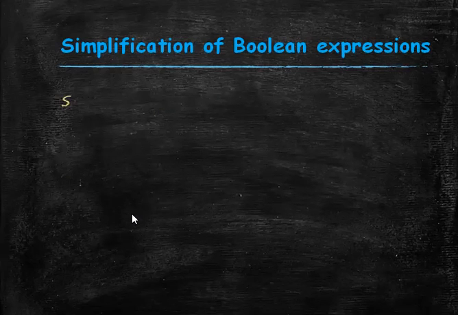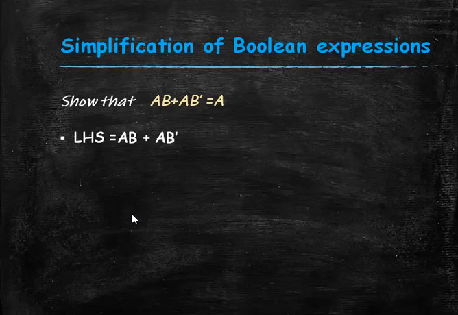The next, show that AB or AB bar is equal to A. The question is AB or AB bar is equal to A. Here the LHS is AB or AB bar.